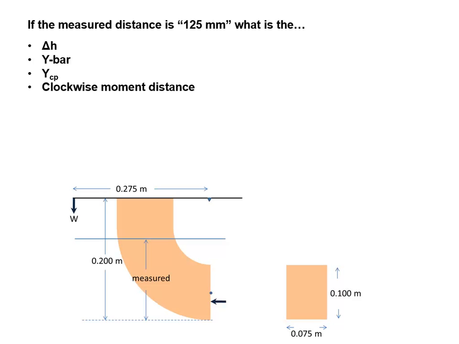The area moment of inertia about the x-axis is going to be 2.1438 times 10 to the minus 6 meters to the fourth.